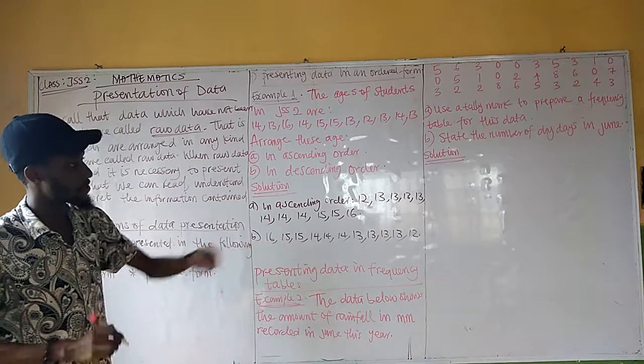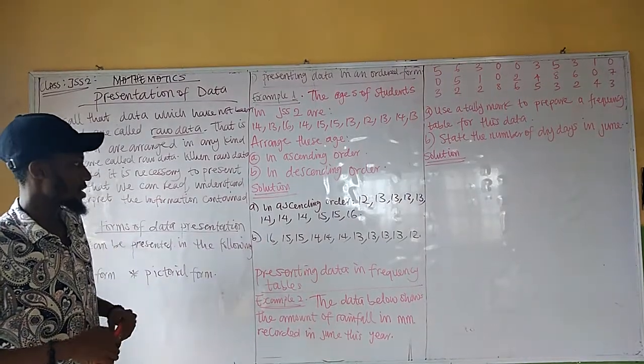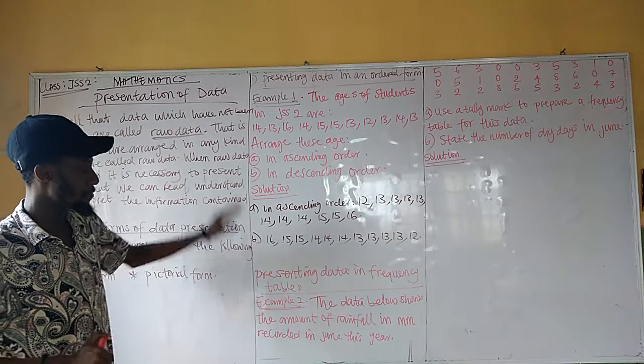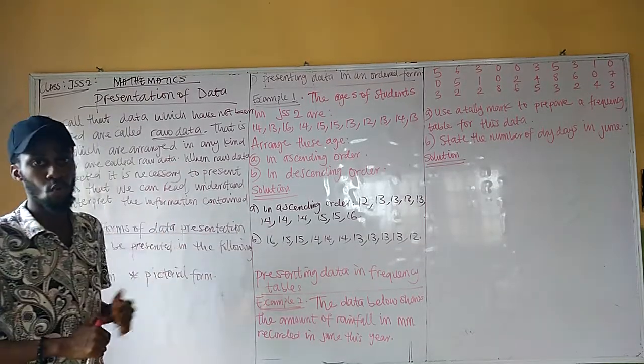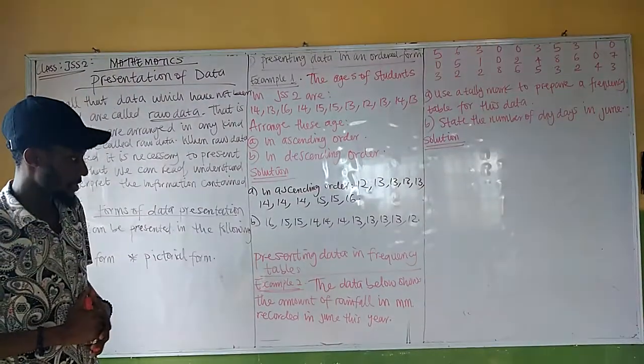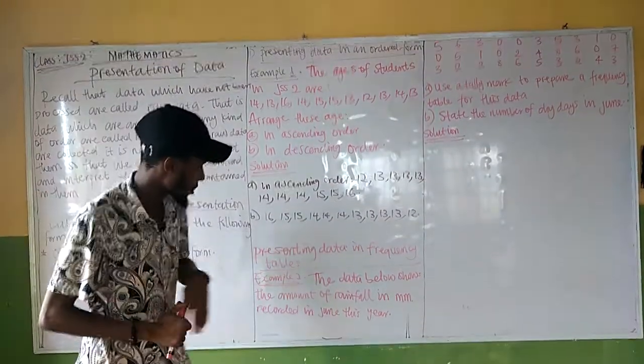Like this, we have succeeded in arranging it in descending order. So whether ascending or descending, I believe you seeing this, you'll be able to interpret what you have here. Is that okay? Then now let's go on to another one again.